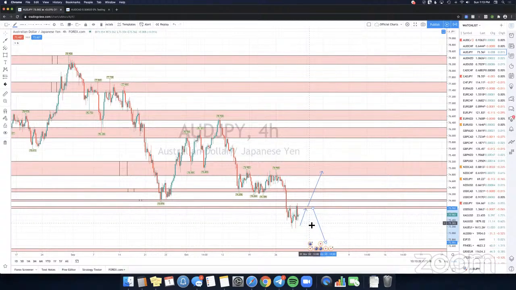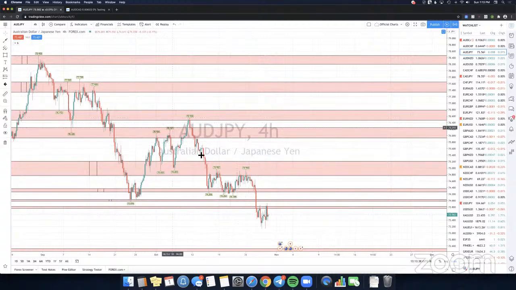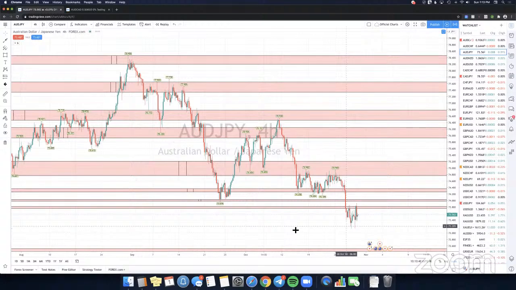Odds are it's probably going to come back down, because the Aussie is in a depression right now. And the JPY is a safe haven currency. So if one currency is not doing well, odds are money's going to go towards the safe haven currency. And with the elections coming up, a lot of people are probably going to put their money in the JPY and CHF as well. So those are the two zones for AUD/JPY.